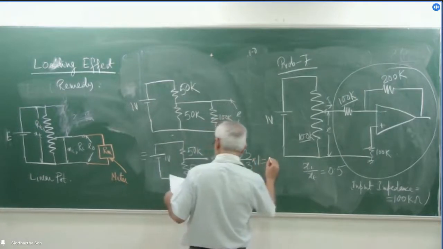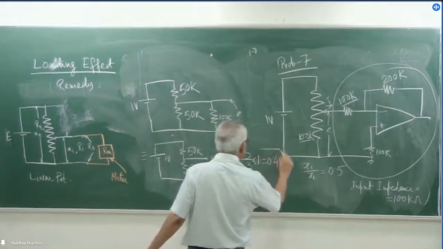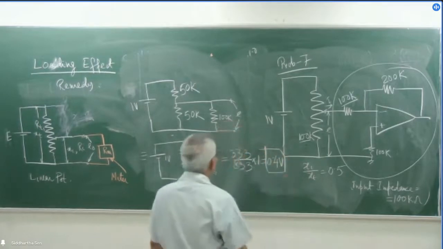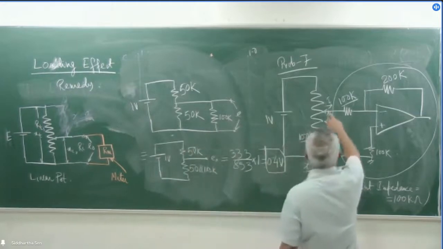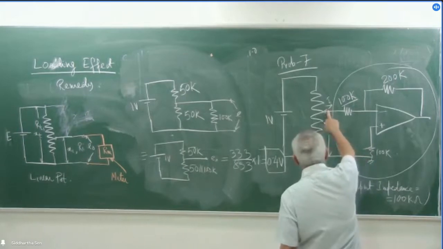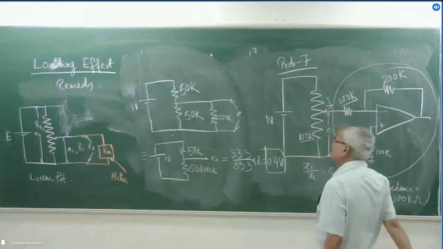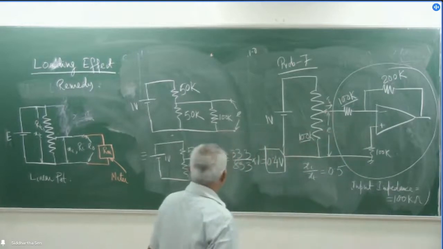So here it is coming to be 0.4 volt. What we can say in this case also, ideally if it is at the midpoint, I should get 0.5 volt, but the deviation from linearity is as much as 0.1 volt.